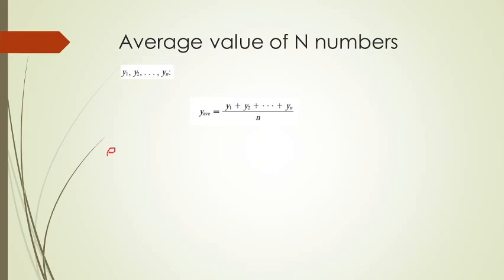For example, for the homework one we are talking about, so average score, right? Average score. So YAVE can denote the average score for the whole class.